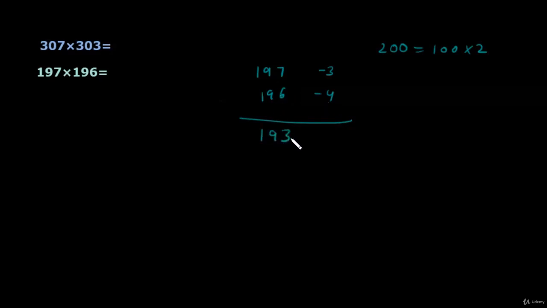Both ways it is 193. And we can write the second part by multiplying negative 3 and negative 4, which is 12. Again the base is 100, so the second part has to be a 2-digit number, which it already is. Now a sub multiple is involved, so we will multiply 193 by 2.